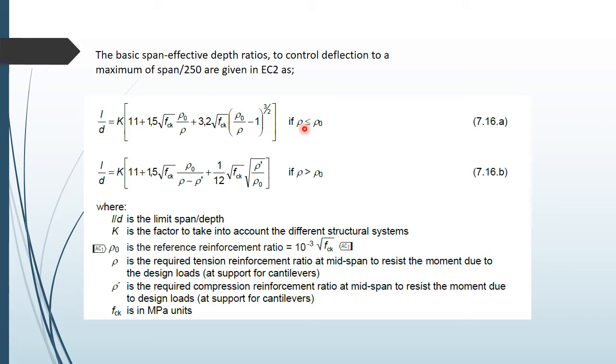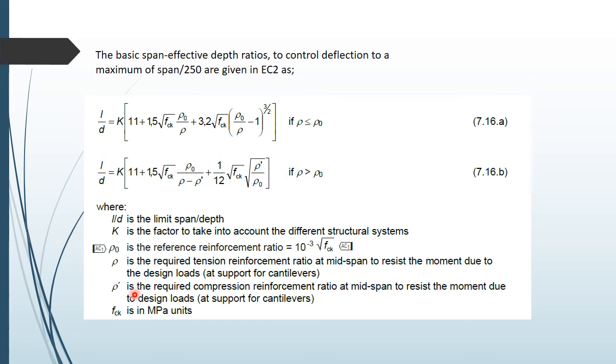If rho is less than or equal to rho 0, we use the 7.16a formula. If rho is more than rho 0, we use the 7.16b formula. For this formula, we also require rho prime.